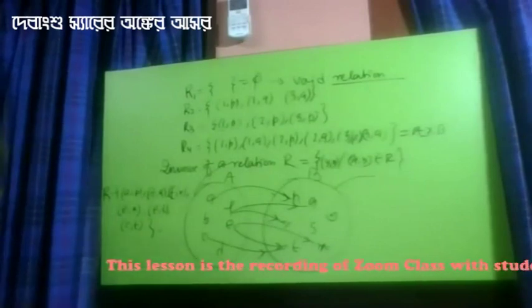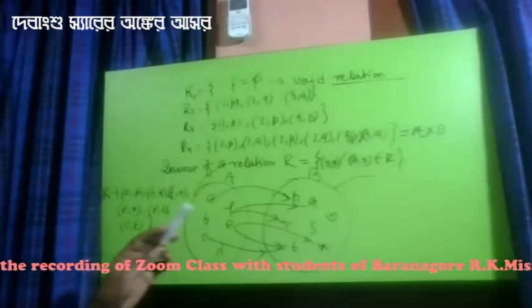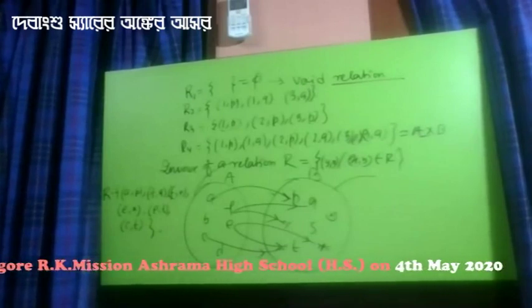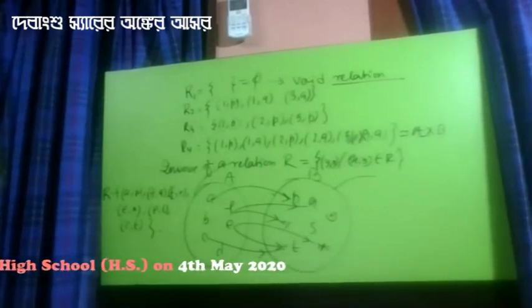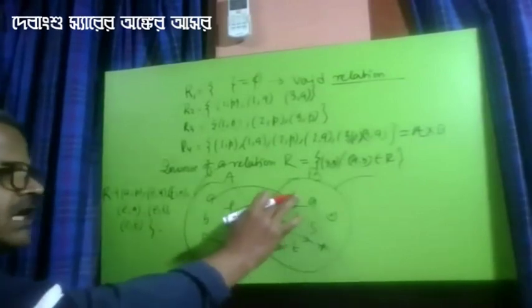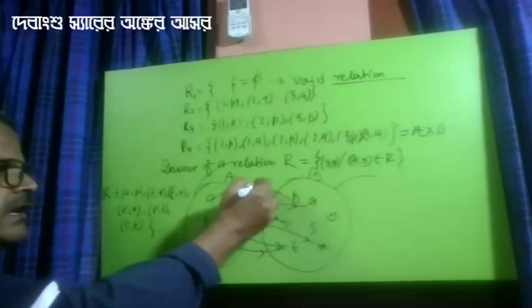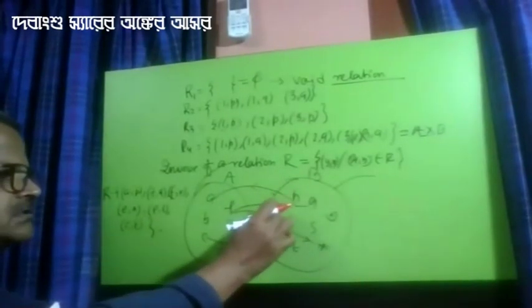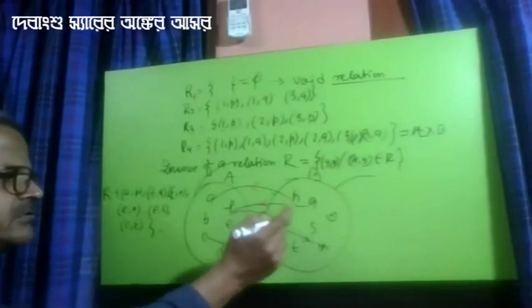Now from the arrow diagram, if I ask you to draw the arrow diagram of the inverse function, that is very tough. Just reverse the arrows.